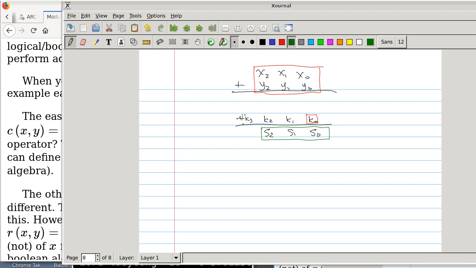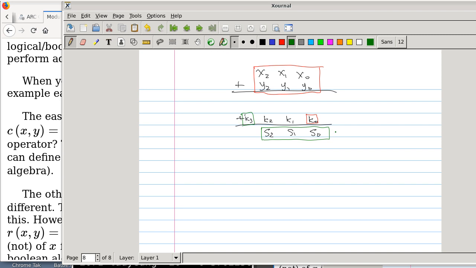Well, k3 becomes its own output, but it is not considered a part of the sum. It is just a bit hanging out on its own, to indicate whether we have an overall carry from this addition. So once again, red line is input and green line is the output.